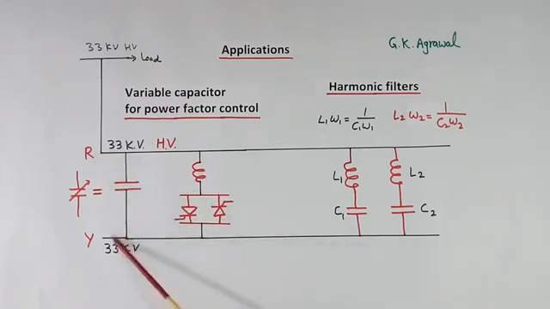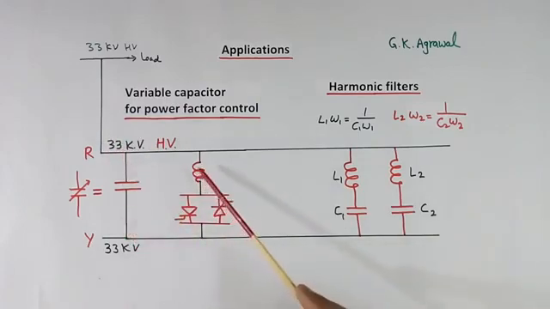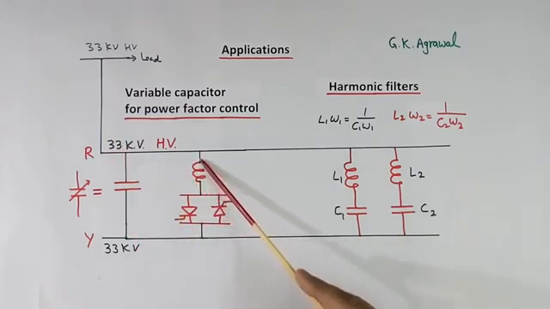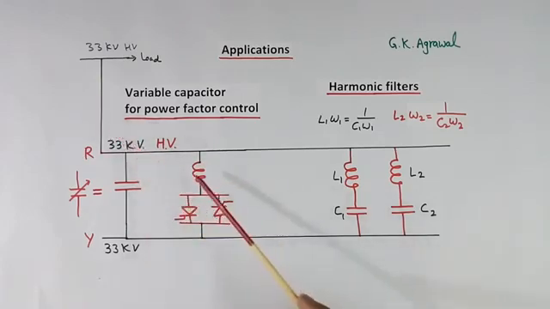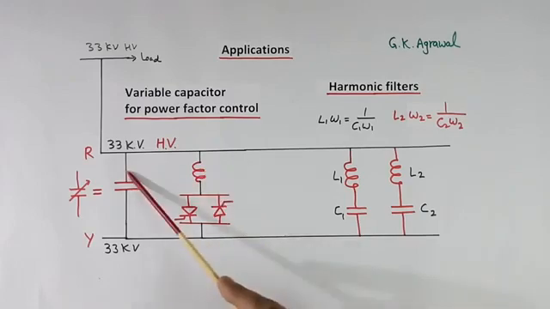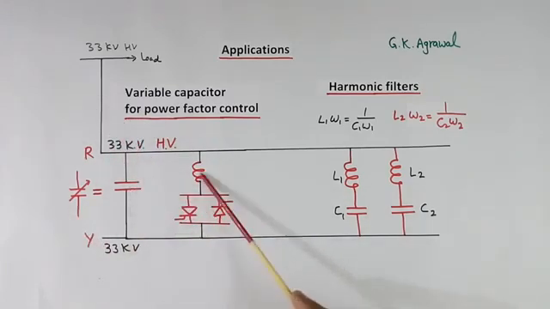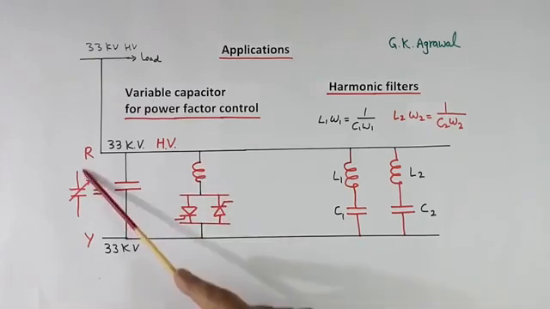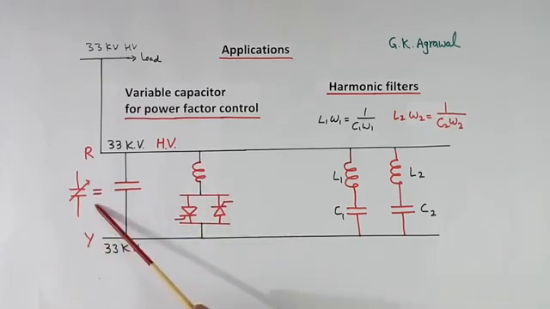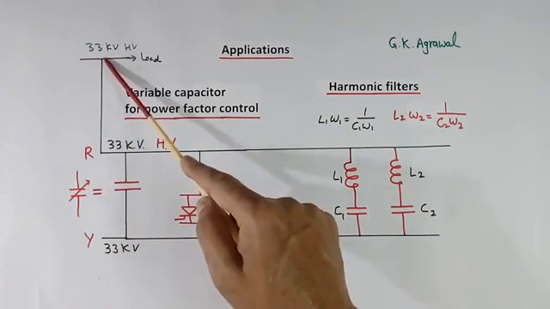So when capacitor current is flowing here and we flow inductive current also, when inductive current is 0, full current will go here. As soon as current increases here, this will cancel some current here and less current will go here. So this plus this together will act like a variable capacitor and power factor is improved here.